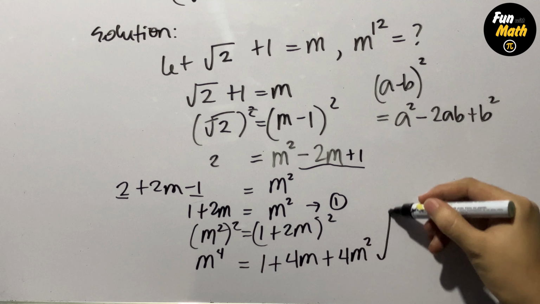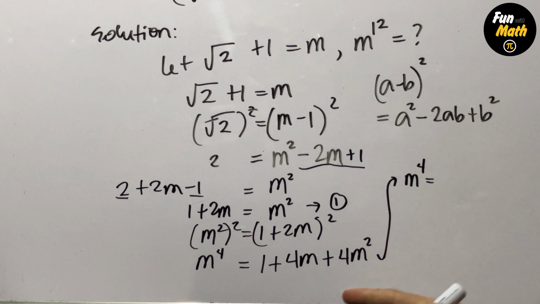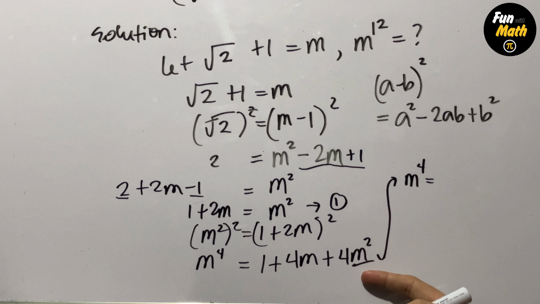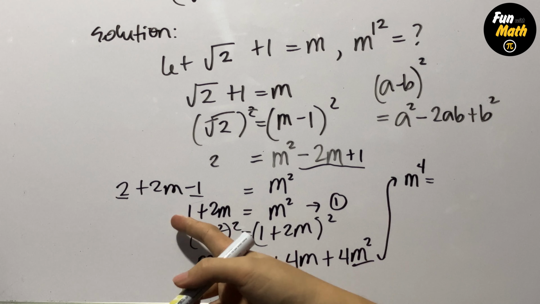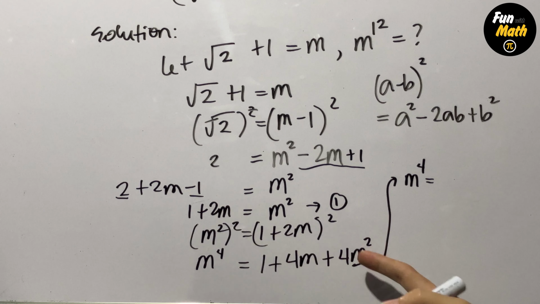Now next is m to the power of 4 is equal to, for this, we have m squared. We know that m squared is our equation 1, and that is equal to 1 plus 2m. So we can substitute this here.